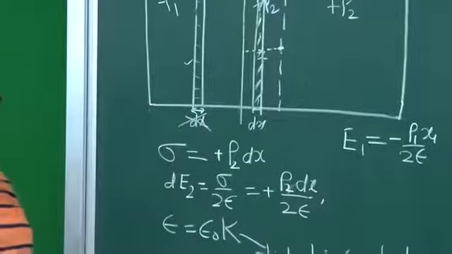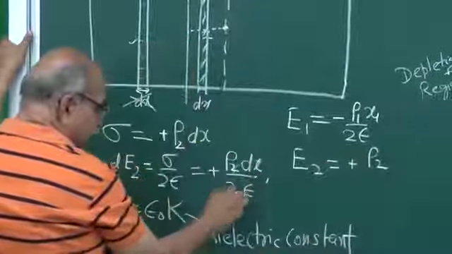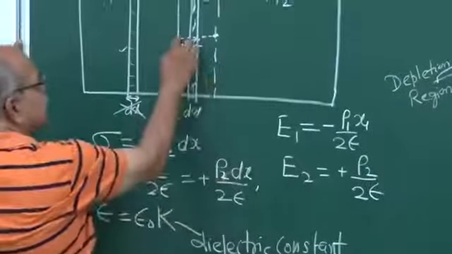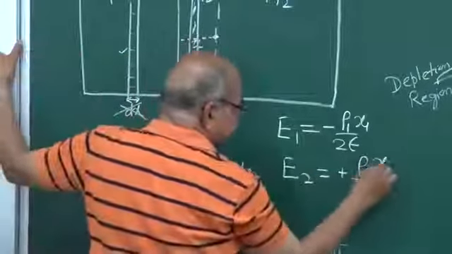So what is the electric field due to this part, which is positive charge plus rho 2 to the left of the point chosen? What is this whole length? This length is just x. So E2 is equal to plus rho 2 divided by 2 epsilon, and then dx is integrated here to here, which is just x.